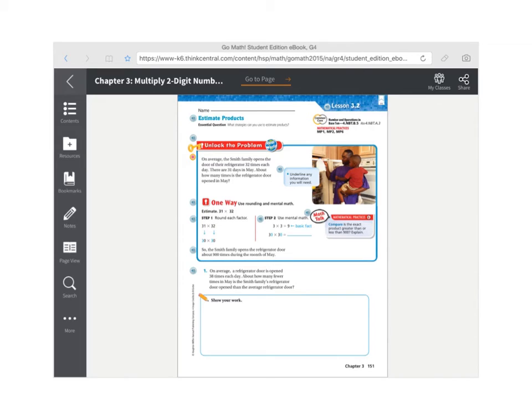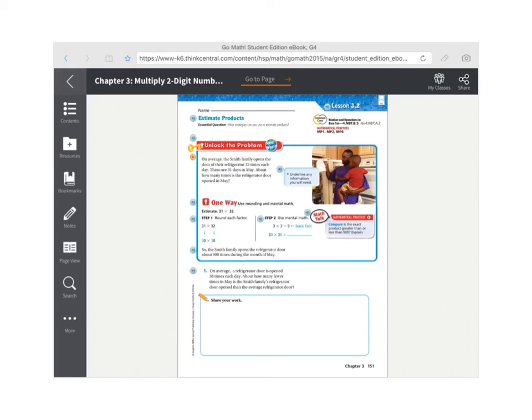Think and say. So add 1, yeah, so 40. And then if we rounded 31, it would be rounded to 30, right? Okay, so now we have 4 tens times 3 tens. Because we have the 2 tens there, now we just have to do 4 times 3 is, say, 12. So 1200.